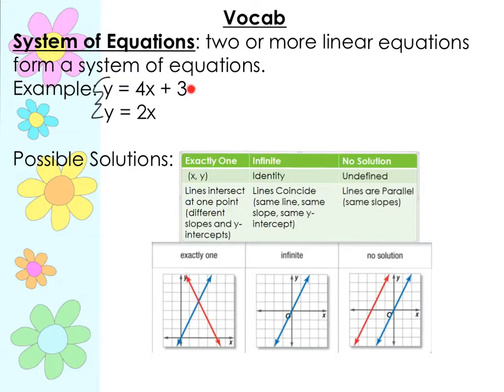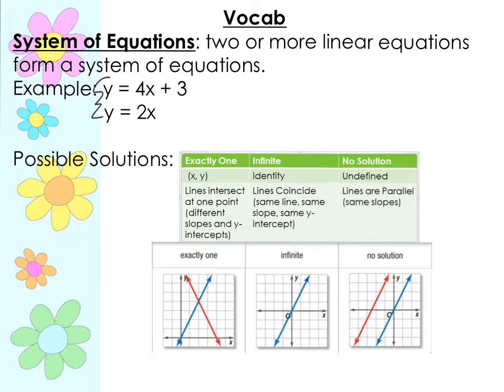Mom says yes, but dad says no. You don't get to go because you have to have a yes from both of them. So for it to be a solution, both of them have to be a yes. The ordered pair has to work in both of them. We're going to use that idea to check our solutions today to make sure that when we're graphing, we end up with the correct answer.